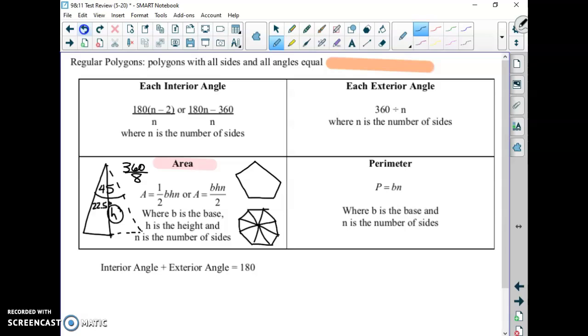Once you know your height, you can use this formula: base times height divided by 2, and then times n, the number of triangles. You need to write this down in your toolkit. You certainly can as a reminder, but you have to know how to find the area for this test. That's critical.